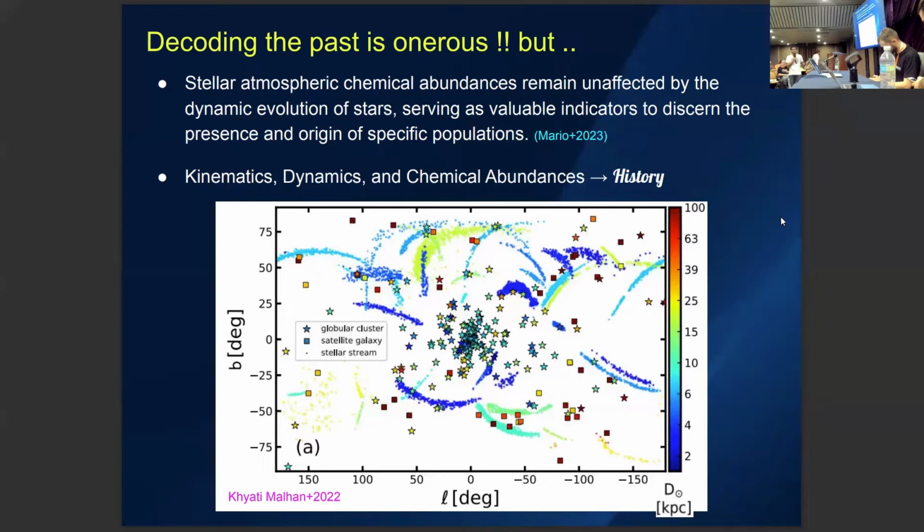In merger events, in some cases the dynamics is lost, but the stellar atmospheric chemical abundances remain intact. So that could be one important clue for looking at the history. As you can see here, one recently published work describes the complex scenario of past merger events using various kinds of probes.